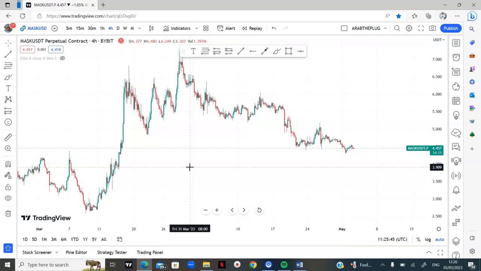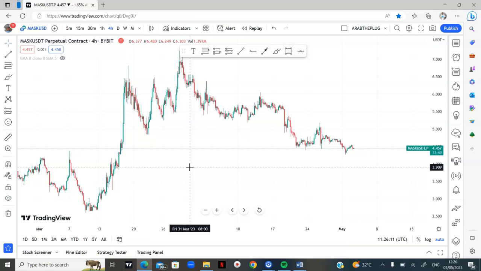Let's use the layman language first. Let's say this particular item, this battery, wants to drop, and then I place my hand here to support this battery from dropping. Then this place where my hand is, is an area of support. And that is why on your chart, you see there are some places that protect the price from dropping.